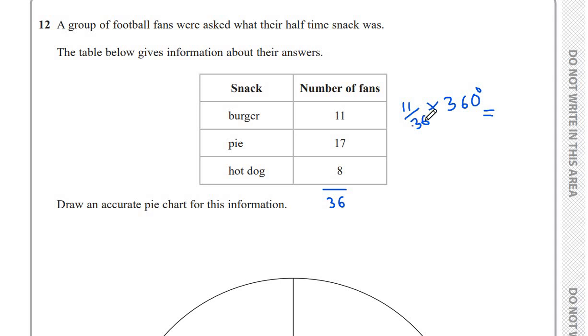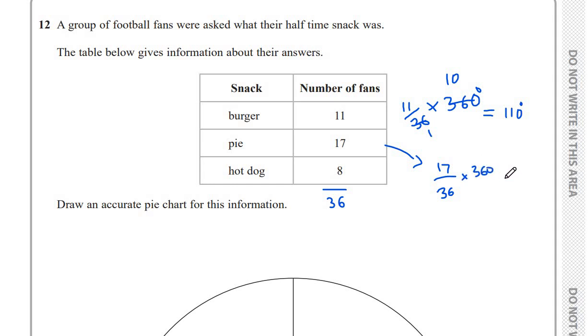And so if you divide by 36, you get 1, and you divide 360 by 36, you get 10, and so 11 times 10 is 110 degrees. And you do the same for the pie, so I'm going to do that here. 17 over 36 times 360.